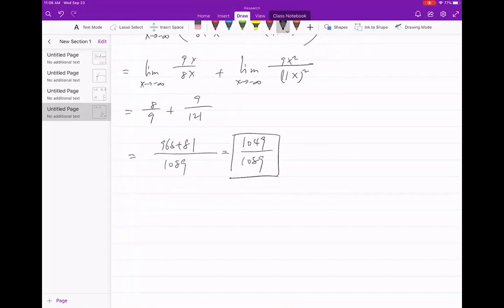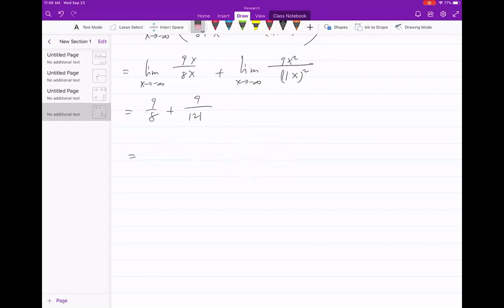It's 121. Oh, I copied the wrong thing. That's why. 9 over 8. Let's redo this. 2151. The bottom can be divided by 2 and 411. Now from work. Okay, this should be the answer.